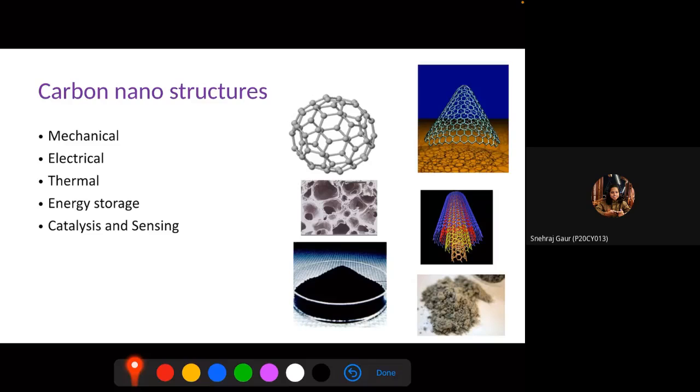But still, going from the research lab to real application takes quite a lot of time, and it is very difficult to replace silicon, because silicon-based devices are really established, and it is very difficult to compete with them for industrial scale applications.